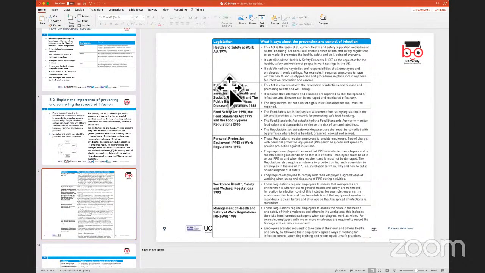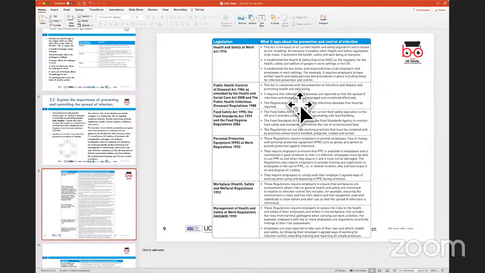Now, in the UK, we look at public health, control of disease, which is the Act of 1984. We look at the Health and Social Care Act of 2008, revised in 2012, and then in 2014, we look at the Public Health Infectious Diseases Regulation of 1988. There are certain legislations within the Food Standards, Food Safety Act, Food Standards Act, Food and Hygiene Regulation.